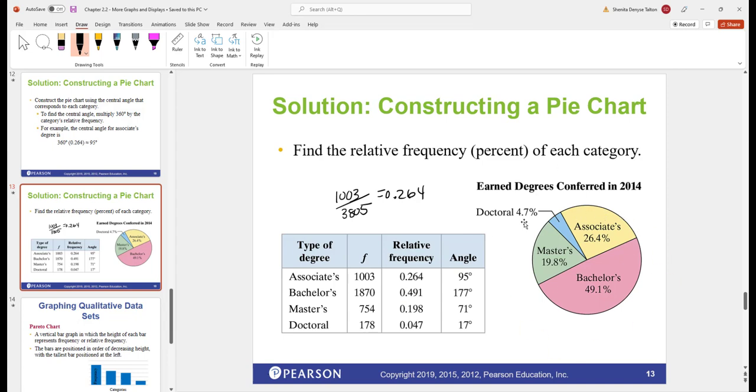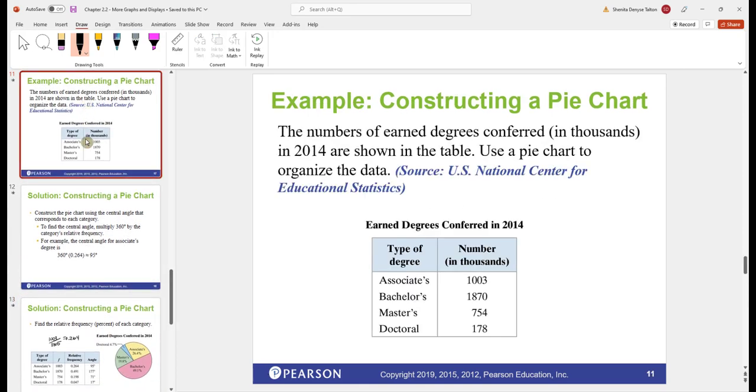When you do a pie chart, you usually put the relative frequencies or you change it to percents on the graph. So this 0.264 would be 26.4% of people had associates. Okay? And the reason why we use percentages is because if you look at this table, you just have numbers.